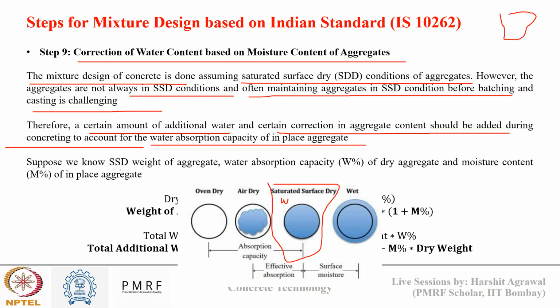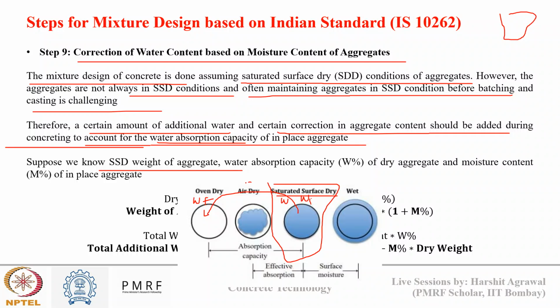Okay, so suppose I have SSD condition aggregate. Now, how to calculate the absorption capacity of aggregate and the moisture content in current aggregate? From SSD weight, if we oven dry this SSD aggregate and take the difference in weight between this aggregate and this aggregate, then I will know the water absorption capacity of my aggregate.